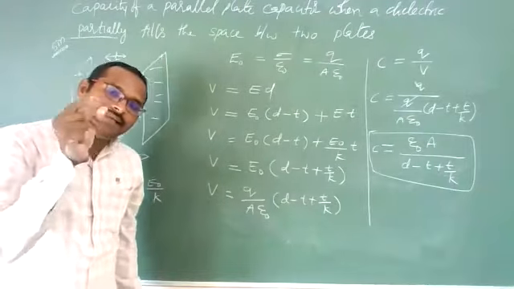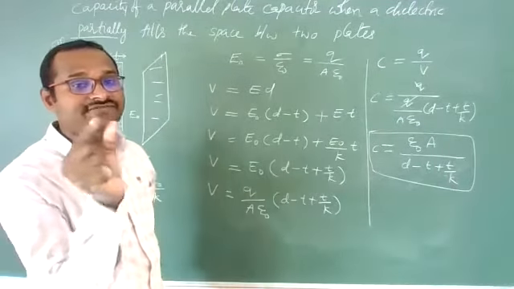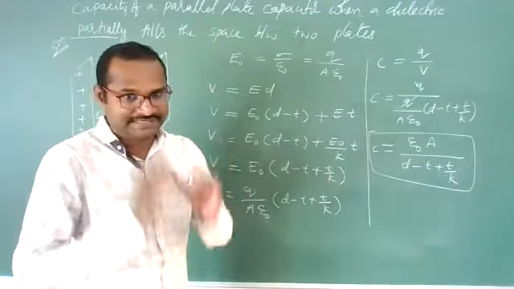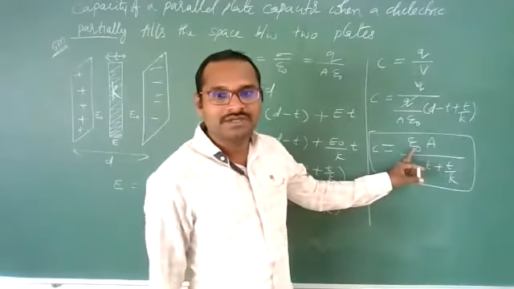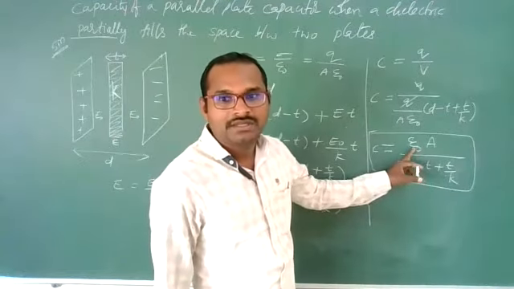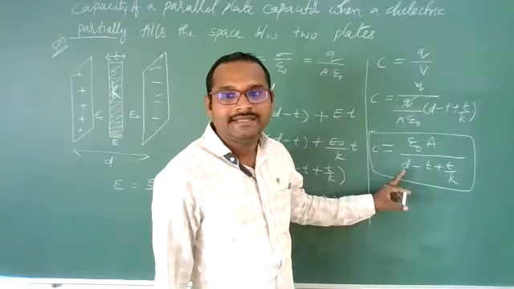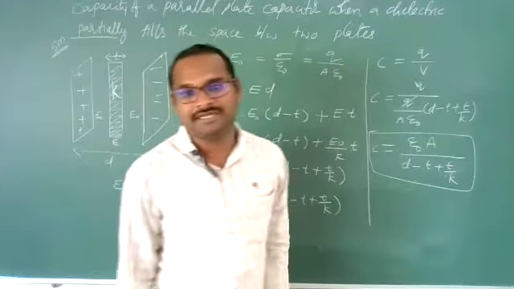So when a dielectric material partially fills the gap between the two plates, the capacity becomes epsilon naught A divided by d minus t plus t by K.